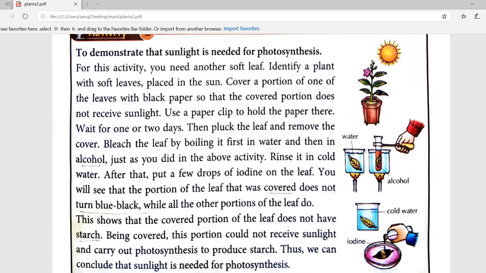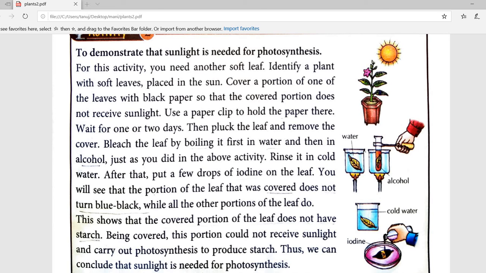Their food is prepared in the stem, because the stem of a cactus is green and chlorophyll is present in that stem. So photosynthesis goes on in the stem.